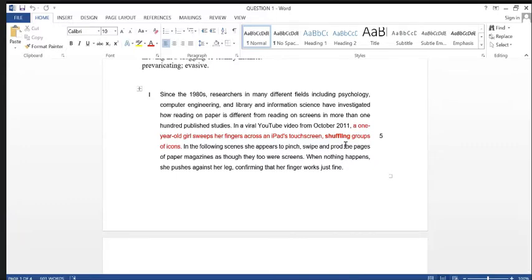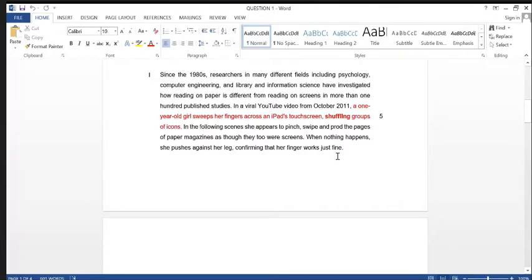Because remember, I told you, first of all, you must consider the context where the word shuffling is used. You have to know for what reason it's used. Then you can choose the meaning that fits the context where it is put. Remember the word cake that I used as an example just now.